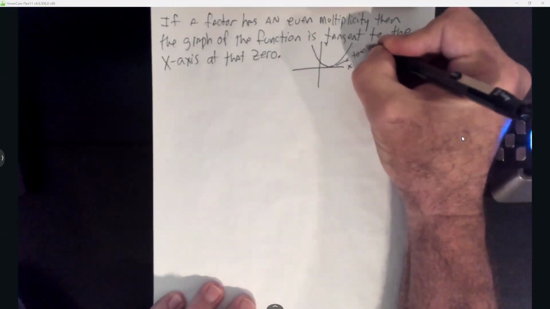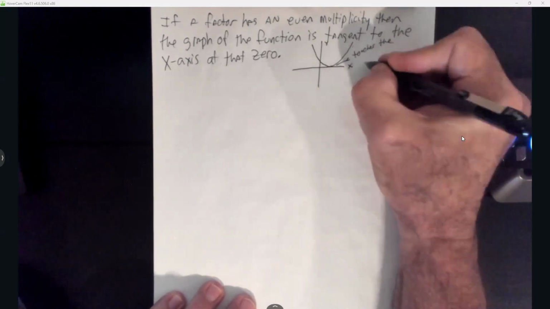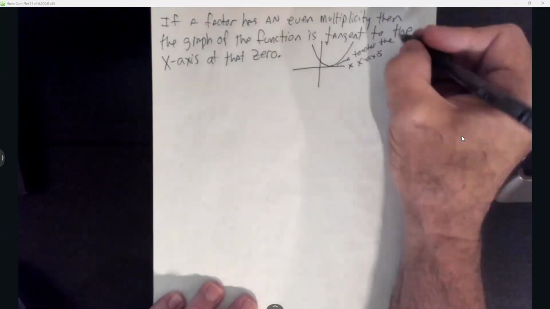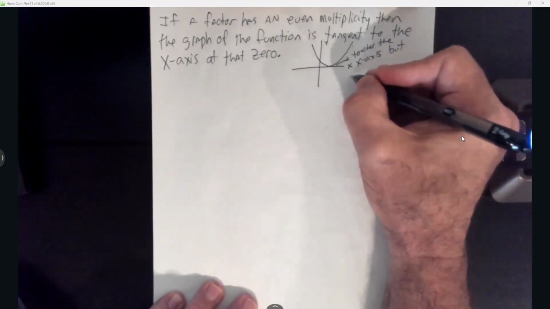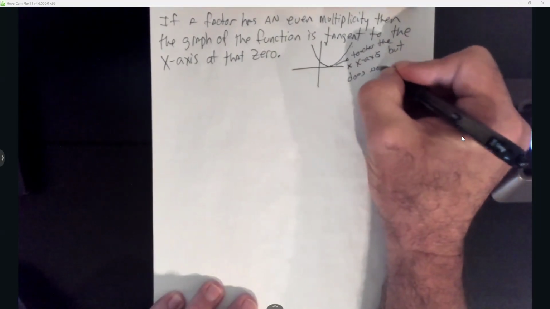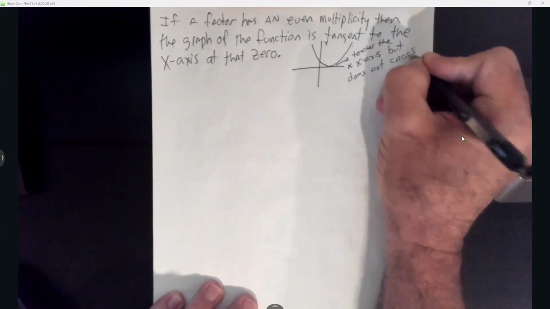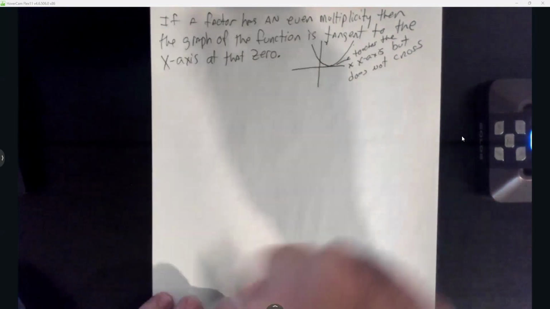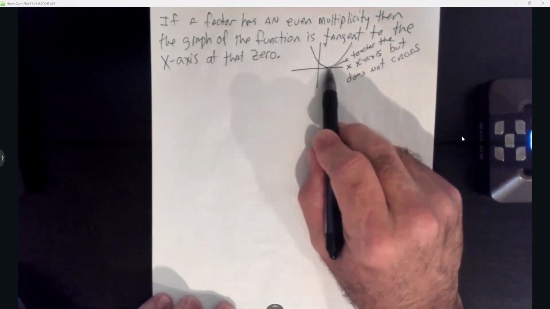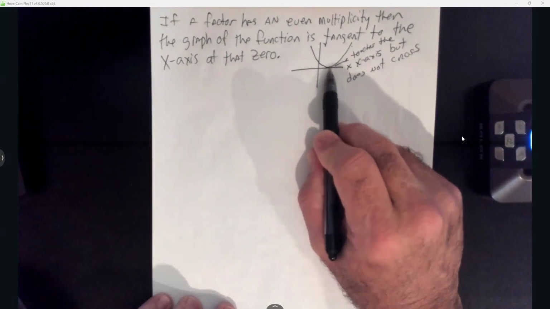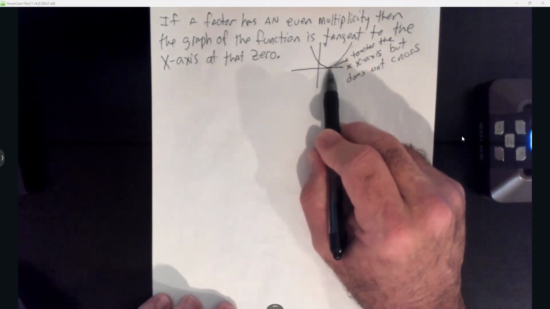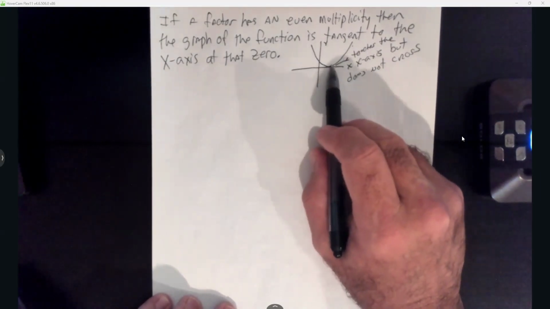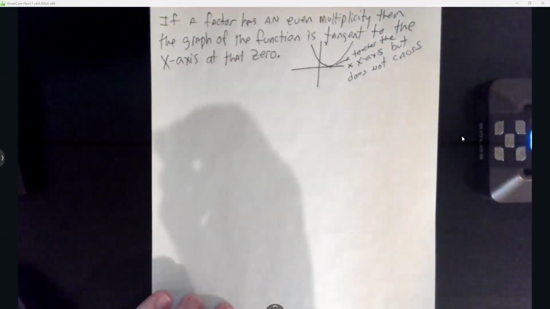So, touches the x-axis but does not cross. So if those factors have an even multiplicity, say this is crossing at 3, this factor would have been something like x minus 3 squared. Since it was squared, it came down, touched the x-axis, and went on.